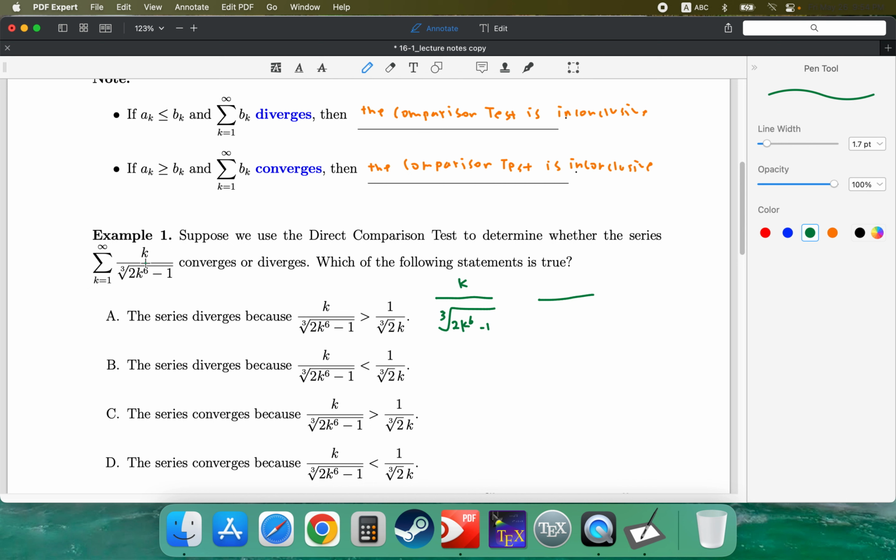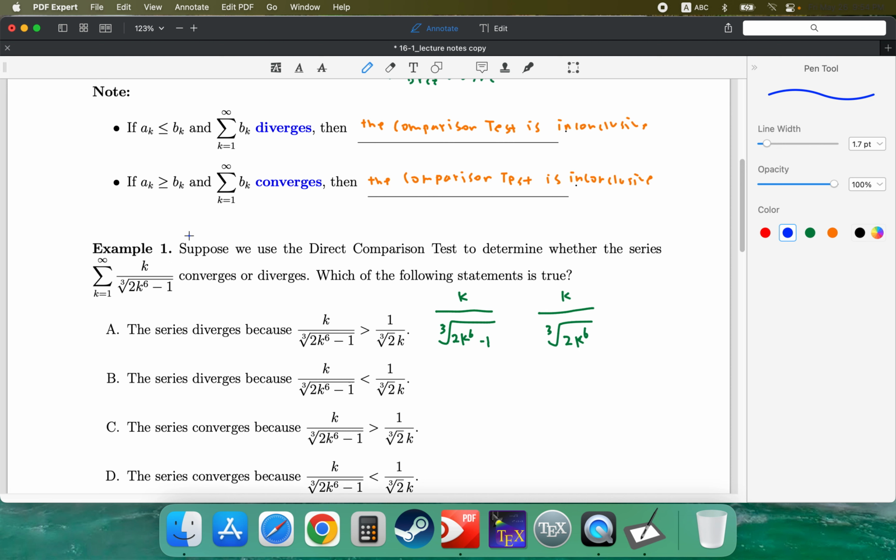This term is from the unknown series. I want to compare it with the term from the series I pick. And I pick k over the cubic root of 2k to the 6. Again, as I mentioned earlier, when k goes to infinity, this negative 1 is almost nothing. So we want to compare this guy with this guy.